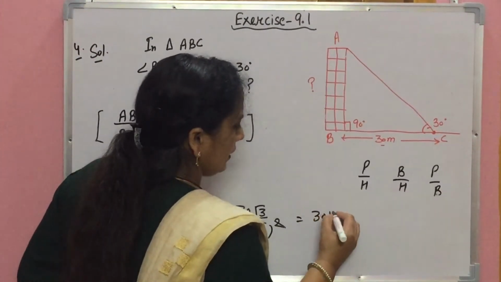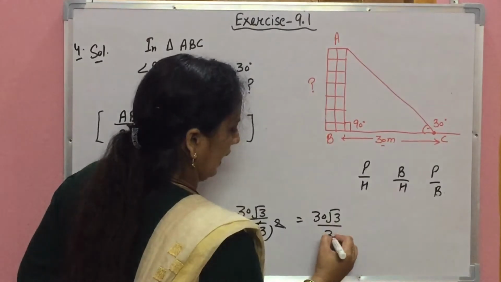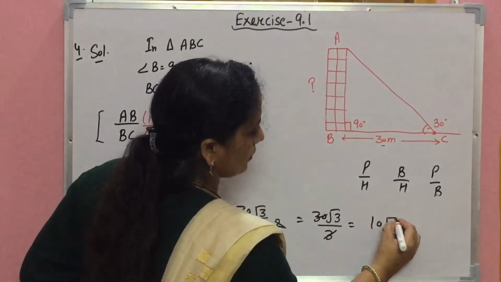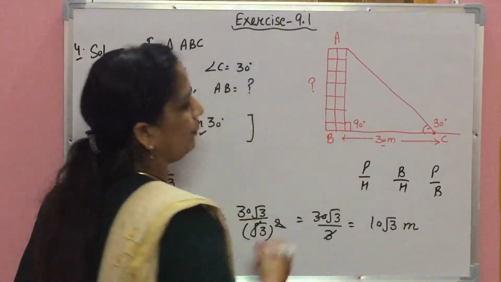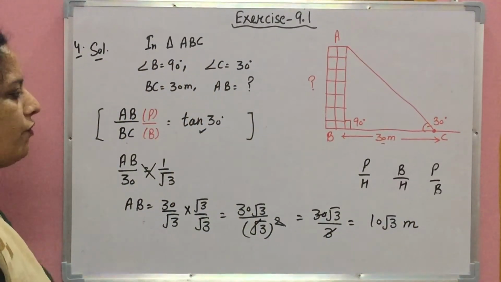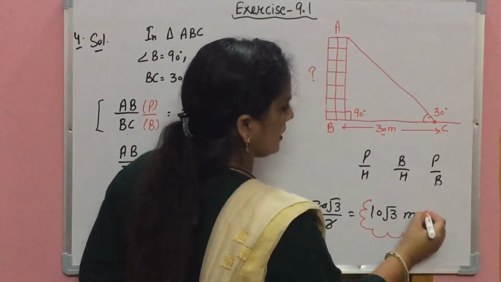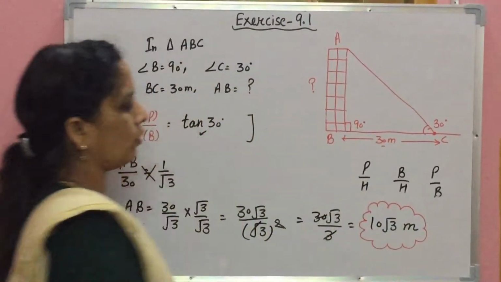So 30 square root of 3 and 3 we can cancel these terms. So 10 square root of 3 meter. This is our final answer. So height of the tower is 10 square root of 3.